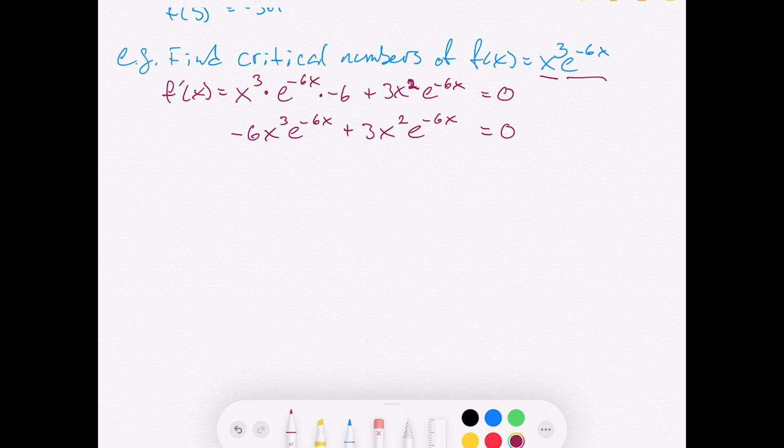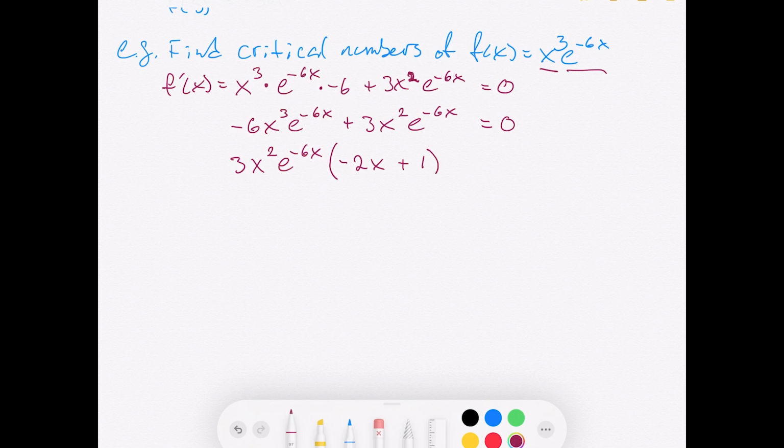We could divide this entire thing by 3 or negative 3 for starters, but let's take out, how about a positive 3 and an x squared and an e to the negative 6x. And the leftovers, as I like to call them, are a -2 and an x and +1.